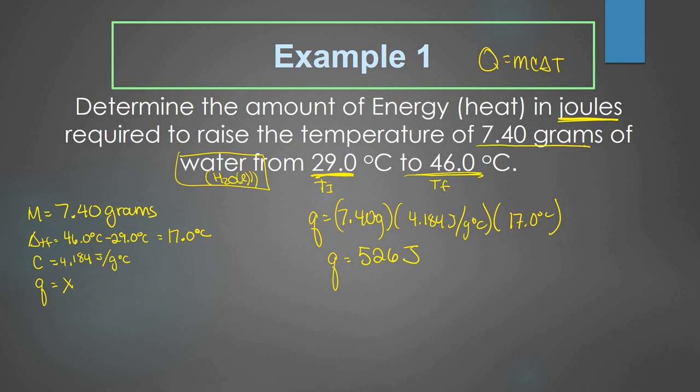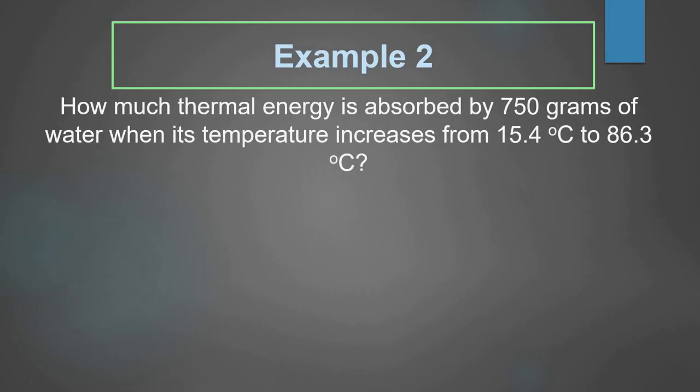We know it's joules because the grams will cancel out, degrees Celsius will cancel out, and we'll be left with joules, and that's our final answer. So it would take 526 joules of energy to raise our 7.4 grams to the temperature that we need. Okay, so we'll try another example together.